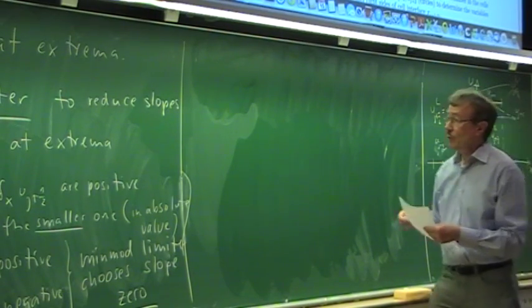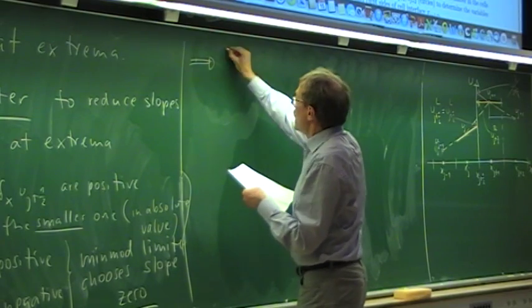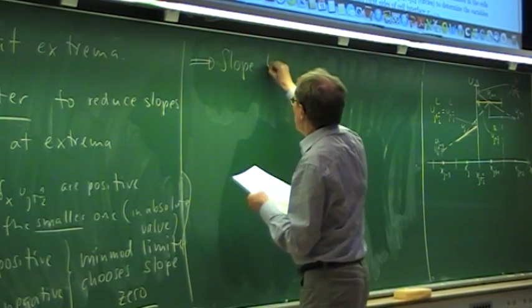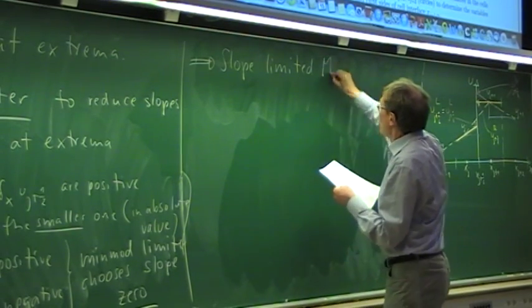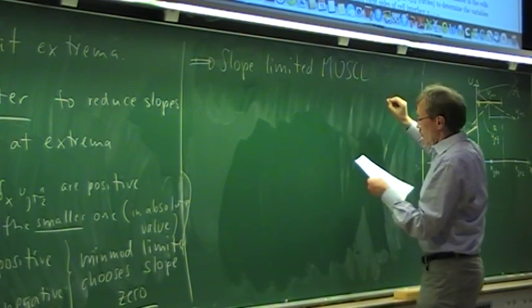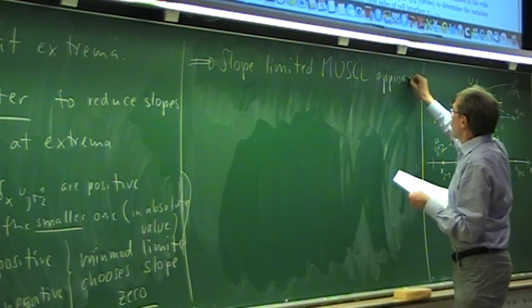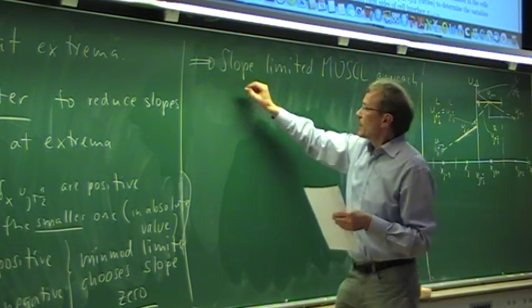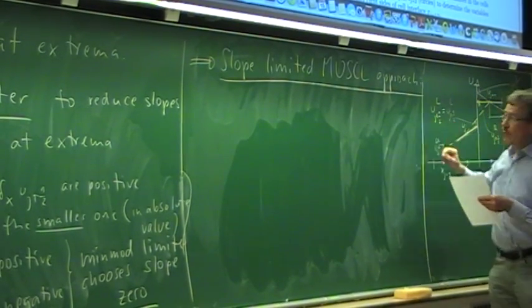So now we finally arrive at the slope limited MUSCL approach that was developed by Bram van Leer. It was actually in the 70s or 80s that we already did that.